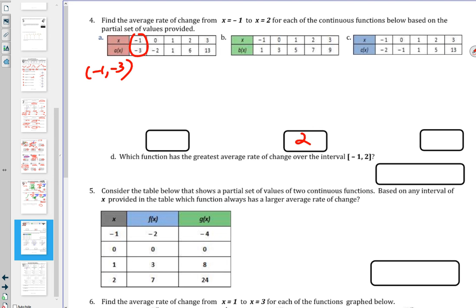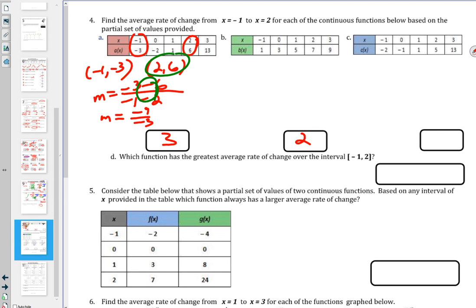So -1 goes with -3, and then 2 goes with 6. That one looks like it's going to be the exponential one. So slope is -3 minus 6 over -1 minus 2. These both change signs. So you get -9 over -3, which is 3.